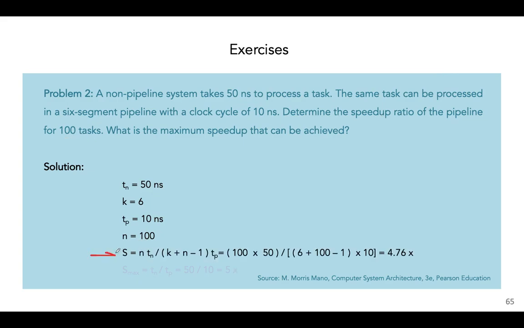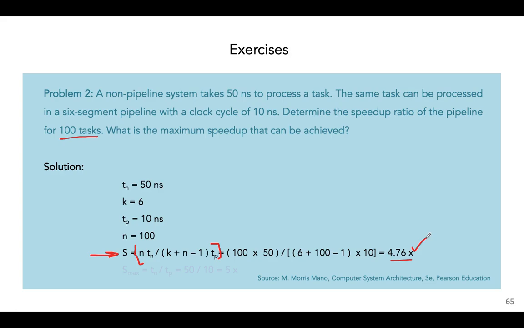Again, we just discussed this formula. Speed up ratio is given by the time it would take to execute all of these tasks in a non-pipeline system divided by the time it would take to execute all of these tasks in a pipeline system. You simply divide them. This was the formula which we just discussed. Just put everything in there, and this is the speed up ratio we get.